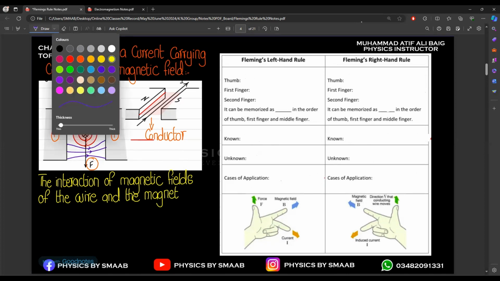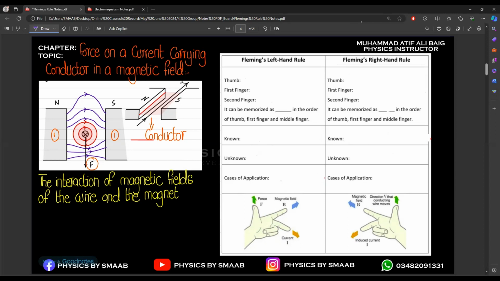One magnetic field is generated from this permanent magnet and the second field is generated by the conductor.